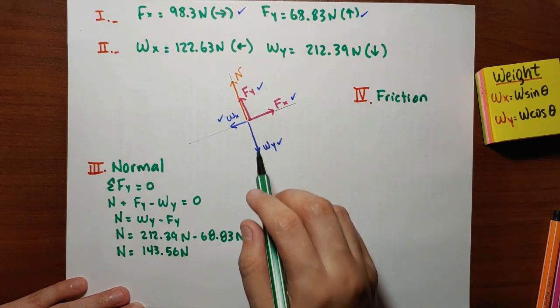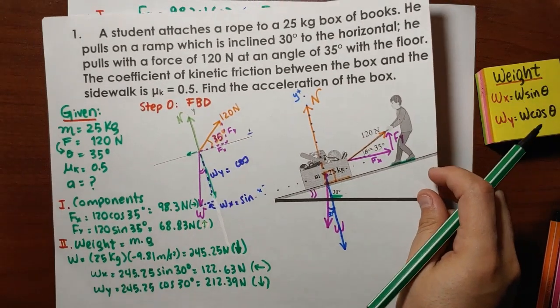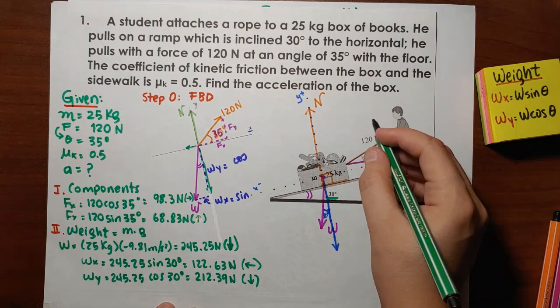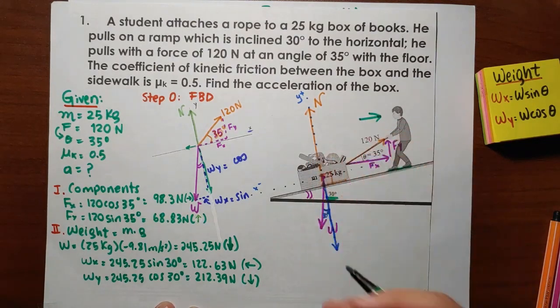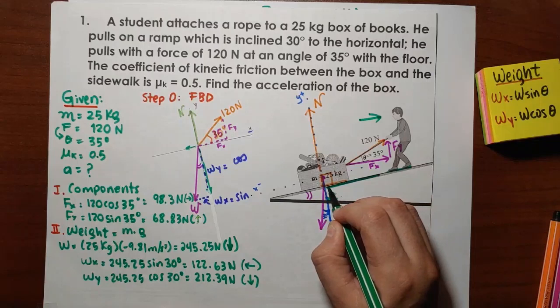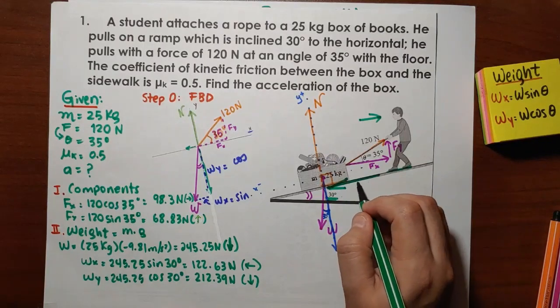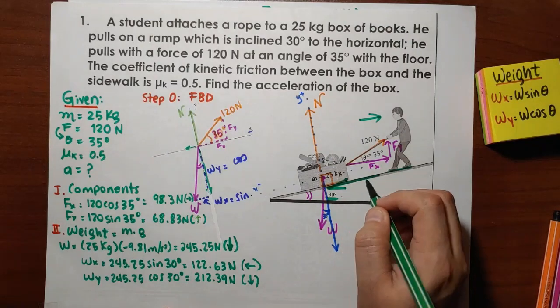The boy is pulling the box. The boy is pulling to the right, so my object is going to move in this way. That means that my friction goes always opposite to it. So this is my friction. The friction is opposite to the object's motion.